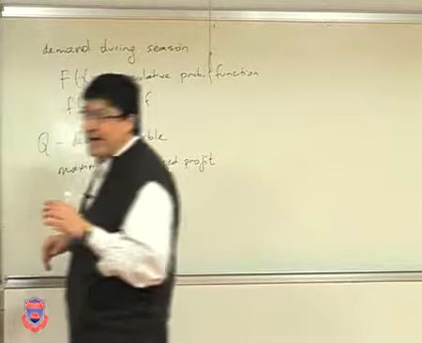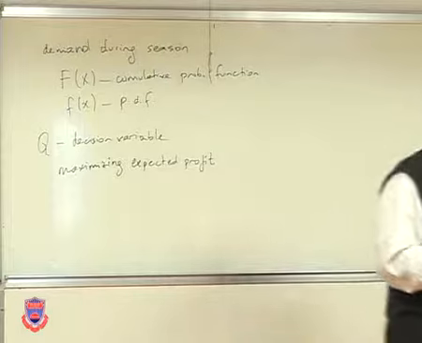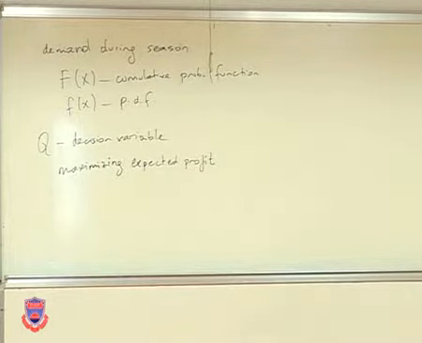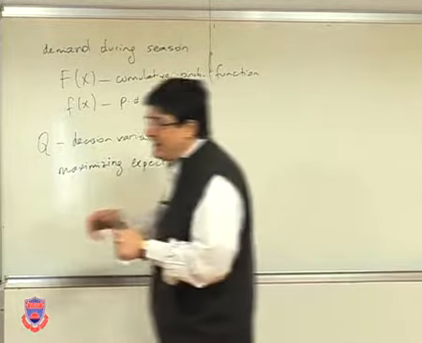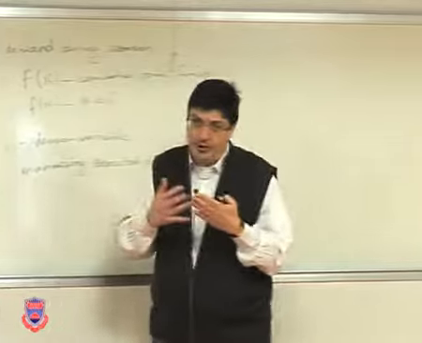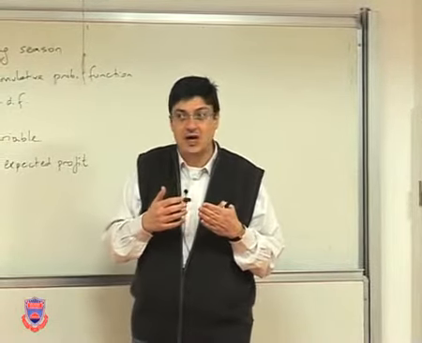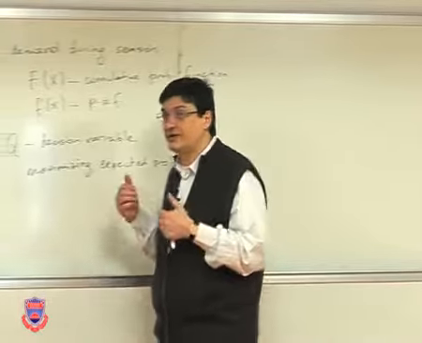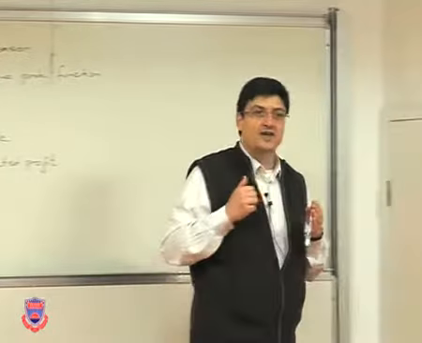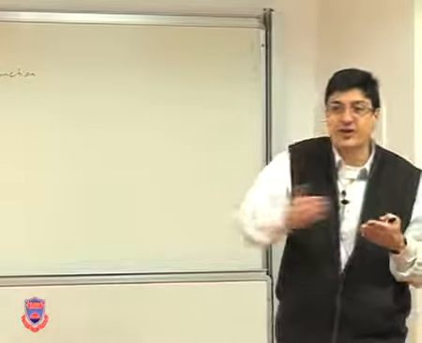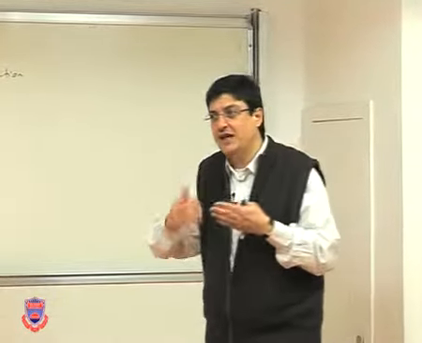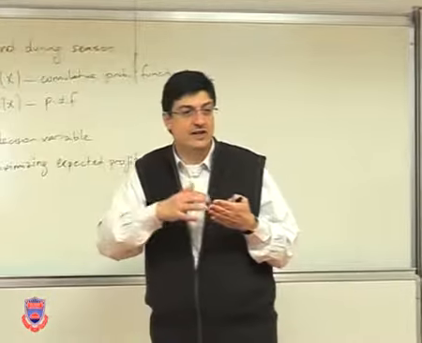Now, in these types of problems, the approach would be as follows. Of course, we are going to write the expected profit function, and then we're going to maximize. You are already familiar with that. But the way to pursue these problems should be a little bit more systematic. In other words, you should be a little bit more careful in writing the profit function first, and then converting it to the expected profit function, and then the maximization is a standard procedure.